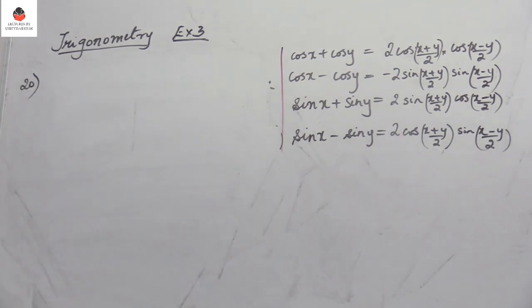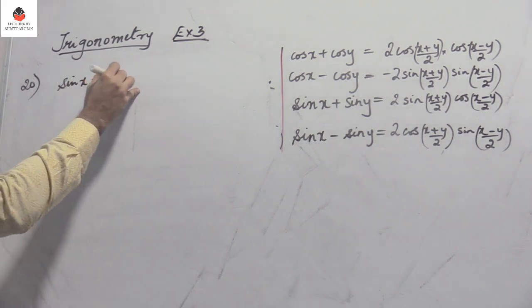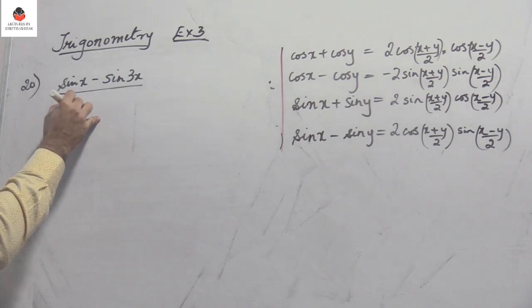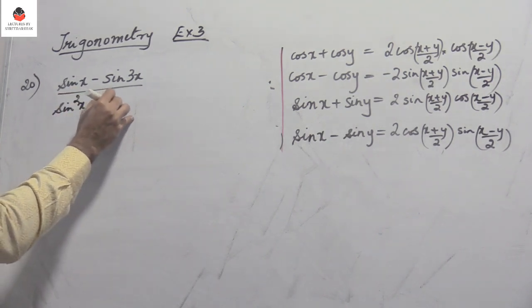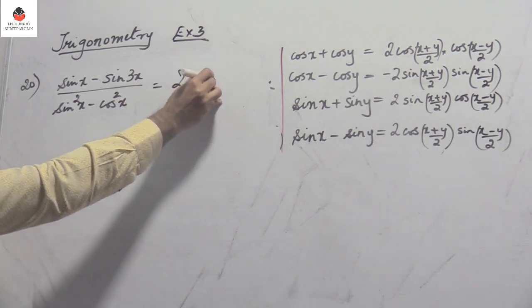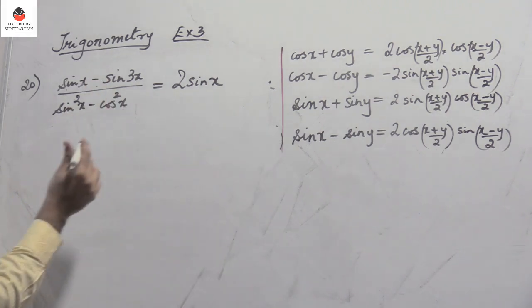So we'll solve the 20th one. Prove that (sin x minus sin 3x) divided by (sin squared x minus cos squared x) is equal to 2 sin x. So to solve this problem, let us use the fourth formula there.